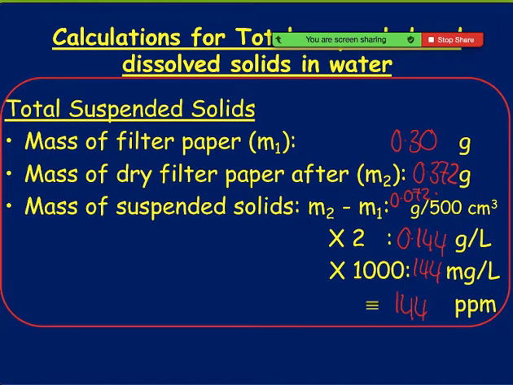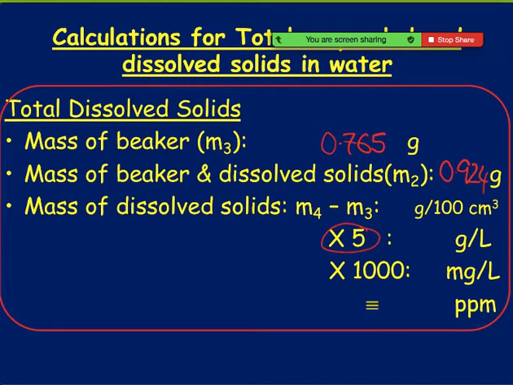Move on to dissolved now. So what do we get for dissolved? I think this has to be by 10 because it's 100 centimetres cubed. Any takers? 0.159. So 0.159 is our grams per 100.